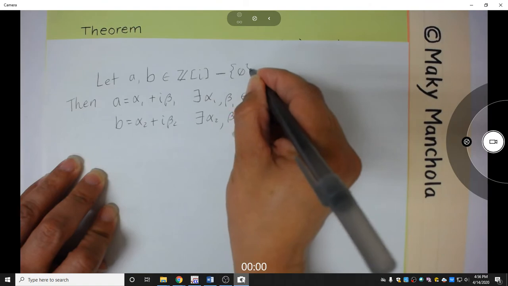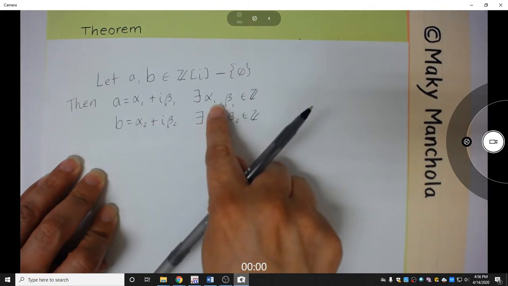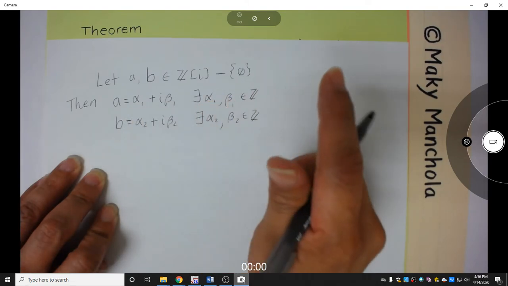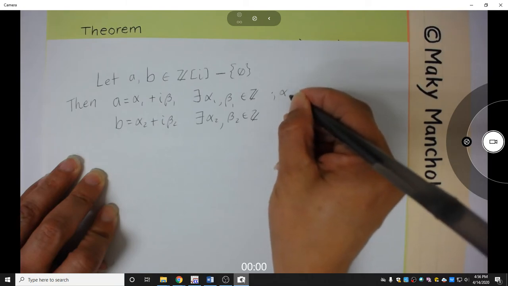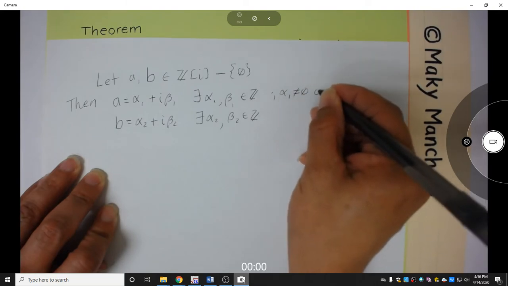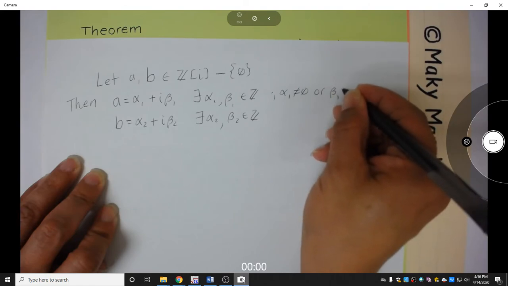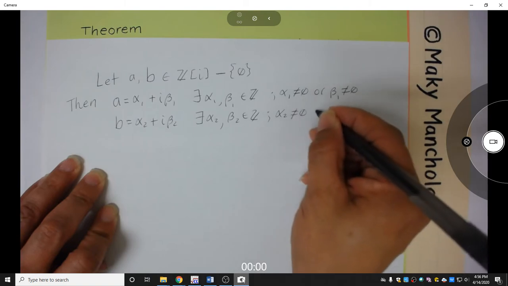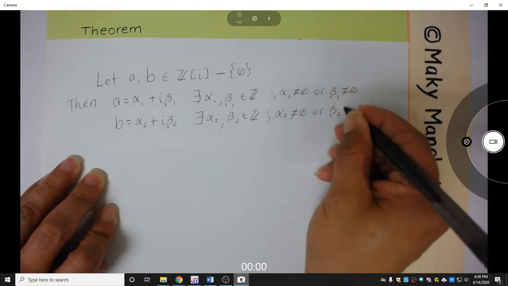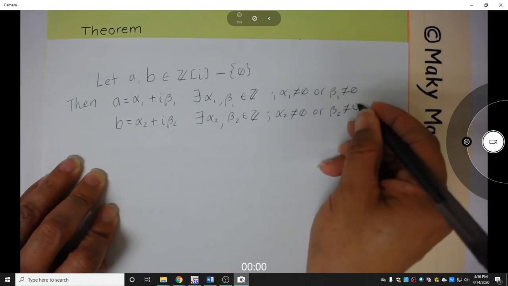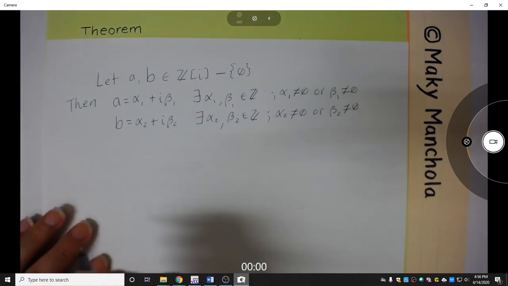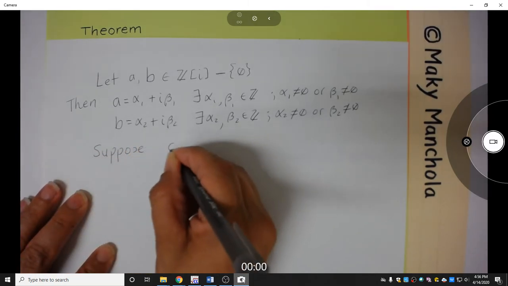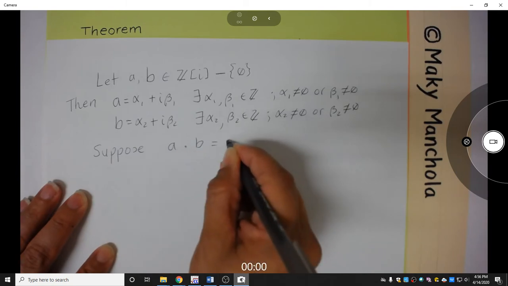So let's say that in this composition, alpha 1 is not equal to 0 or beta 1 is not equal to 0. Alpha 2 is not equal to 0 or beta 2 is not equal to 0. Now suppose that the product ab were actually equal to 0.